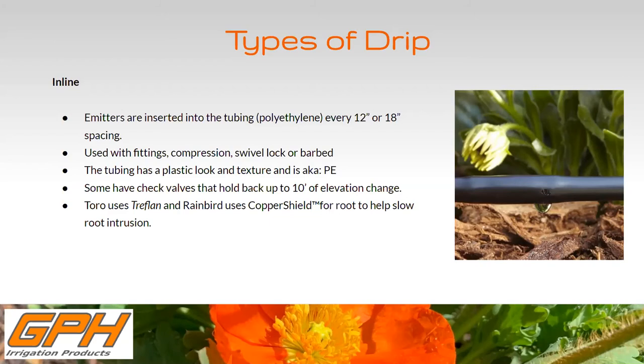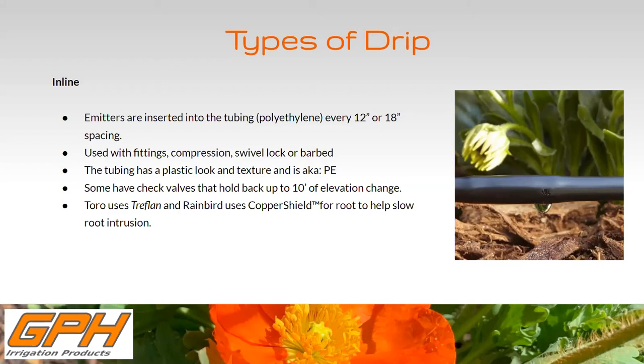The material is plastic in look and feel, and most of the time, I would say probably 100% of the time, you're using fittings that are barbed, compression, or swivel. So you're not using any solvent with this type of tubing. You're just connecting it with a fitting, typically with a tool or by hand, but there's no solvent used.